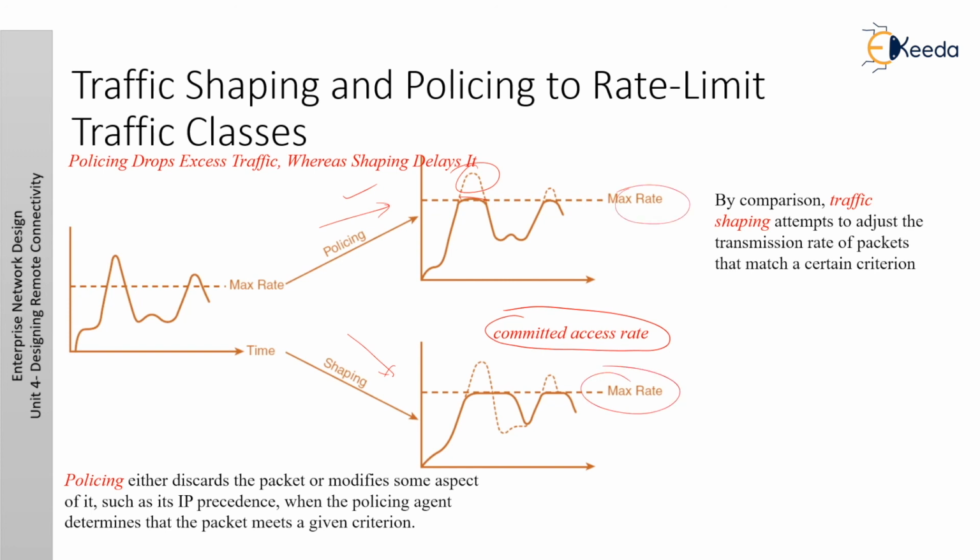By comparison, traffic shaping attempts to adjust the transmission rate of packets that match a certain criteria. Topologies that have high speed links, such as a central site feeding into lower speed links such as a remote or branch site, often experience bottlenecks at the remote site because of the speed mismatch.